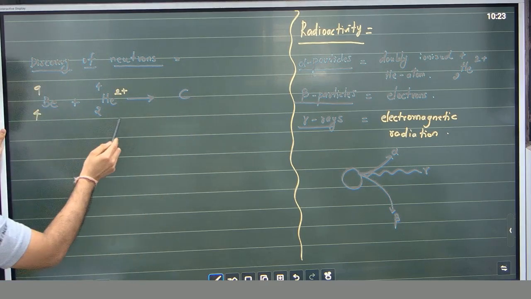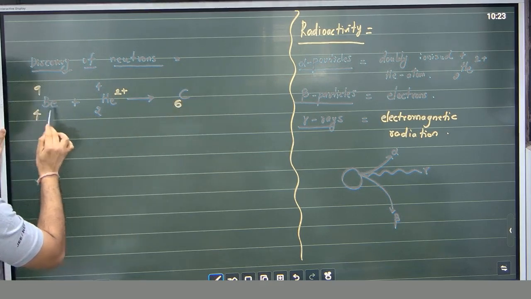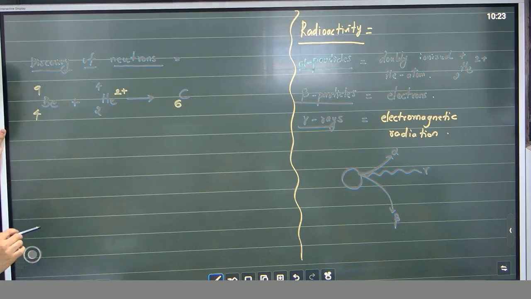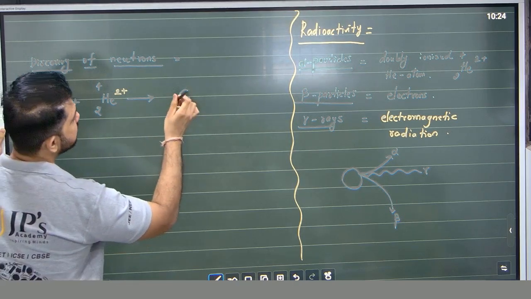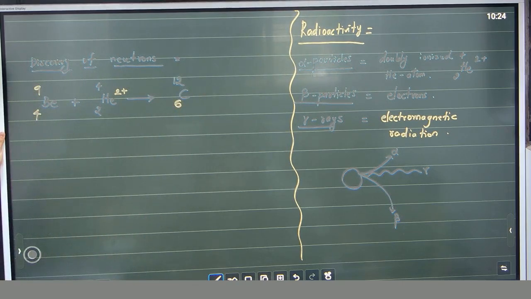Atomic number, please. 6. 4 plus 2. And so you got that carbon 12 isotope. Now if you apply law of conservation of mass, so 4 plus 2, 6, 9 plus 4.